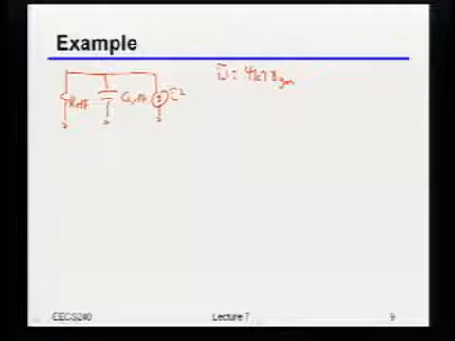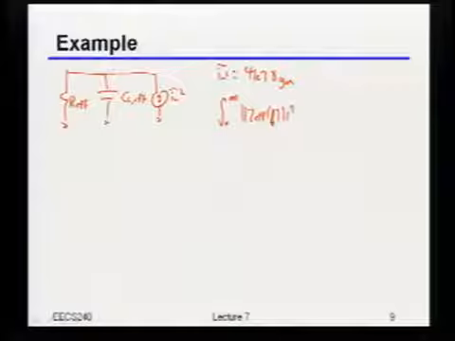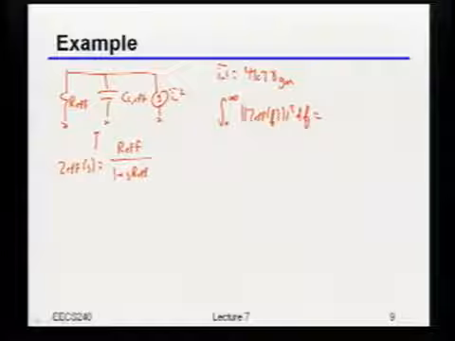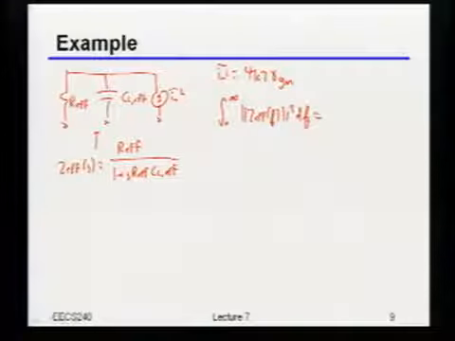In general, if I have something like this, then of course what I need to do is figure out the integral of the impedance over frequency, which, if you do it, just turns out to be, just to be clear, Z effective as a function of S is R effective divided by 1 plus S R effective times CL effective. Okay? Just standard first order thing.